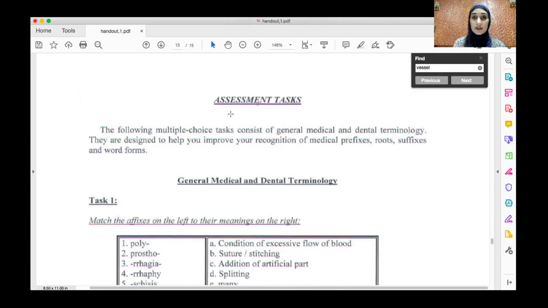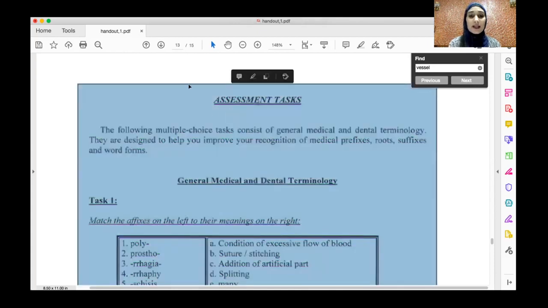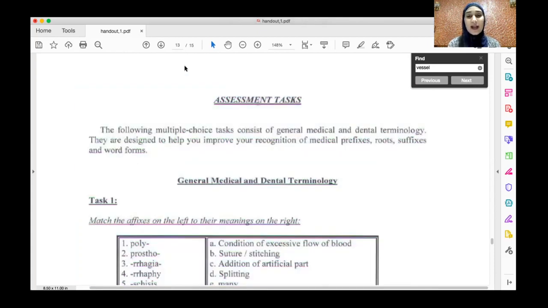But before this, I want to revise what we have taken, and I revise it in Arabic and in English because I'm not sure about your level in English, and of course this is not an interactive lecture, it's just a narrated lecture. So I'll speak in Arabic in order to make sure that you all understand.